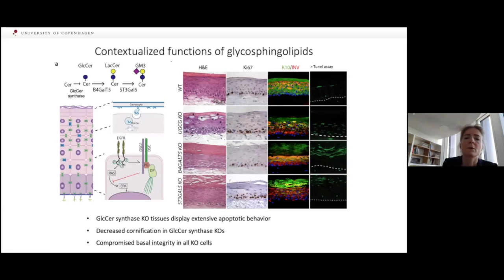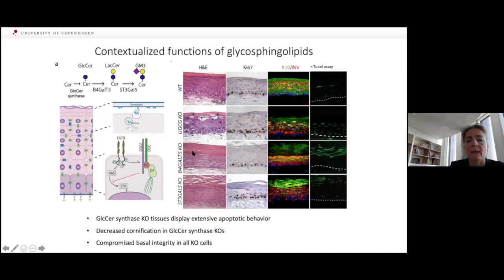So when you stop these glycosphingolipids, you will have an accumulation of ceramide, and in our study, we see accumulation of apoptotic cells, possibly due to this accumulation of ceramides. So apoptotic cells, also seen with TUNEL assay.